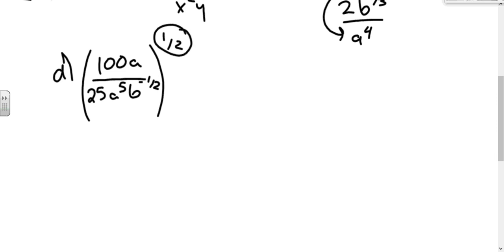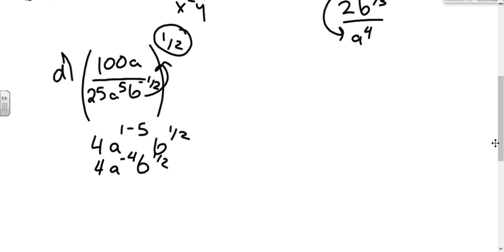So then 100 divided by 25 gives me 4, and then a to the 1 minus 5, and then we flip the b up as such, and this becomes 4a to the negative 4, b to the 1/2. So I'll flip this guy down, 4b to the 1/2 over a to the 4, and then this is all still to the 1/2.